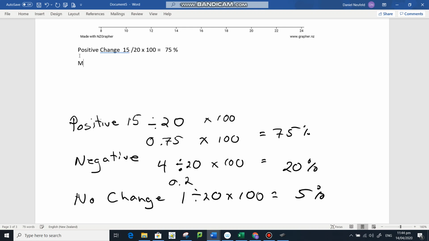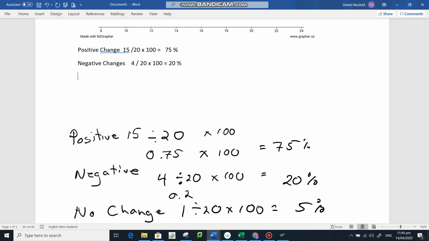Negative changes, 4 divided by 20 times 100 equals 20%. And no change, 1 divided by 20 times 100 equals 5%. So we'd have that written out nicely.